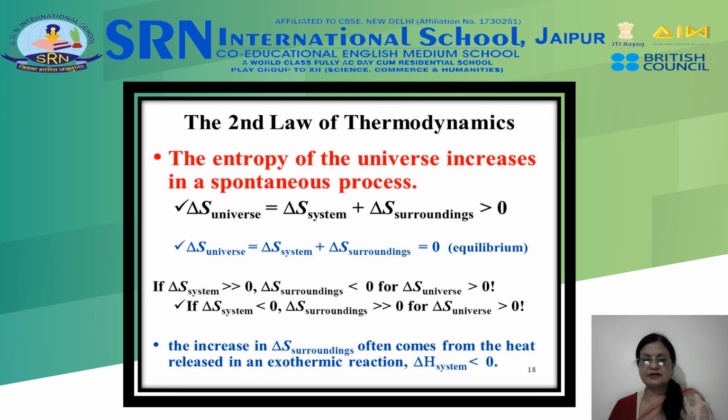So delta H system will be less than 0, that is, negative. When delta H system is negative and delta S surrounding is positive, then delta S universe will also be positive. That is, the entropy of the universe will increase in a spontaneous process. So for a spontaneous process, the change in entropy should be positive.